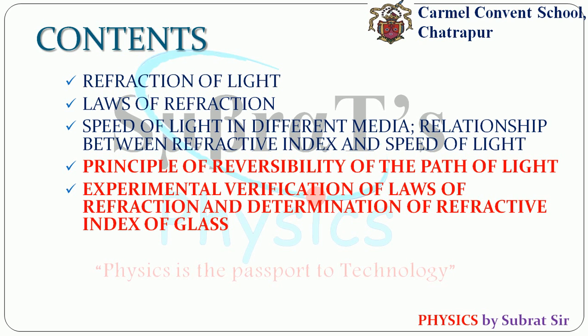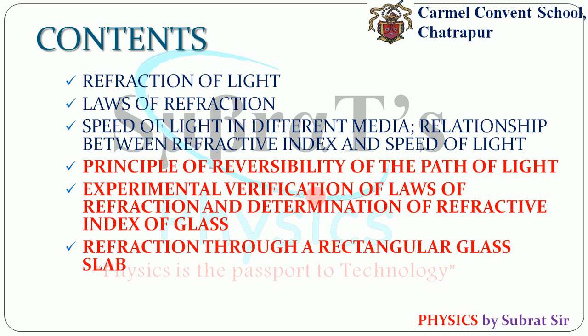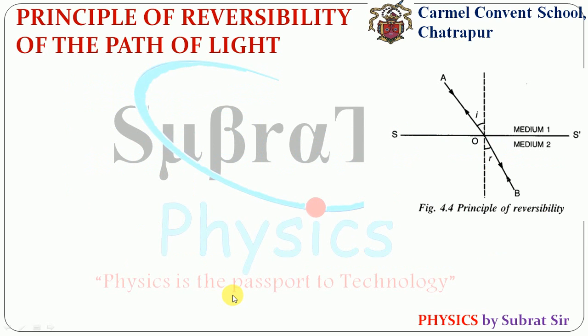And the last topic is what? Refraction through a regular glass slab. Okay, in this video we'll have discussion on these three topics. Let us begin with the first topic, principle of reversibility of the path of the light.